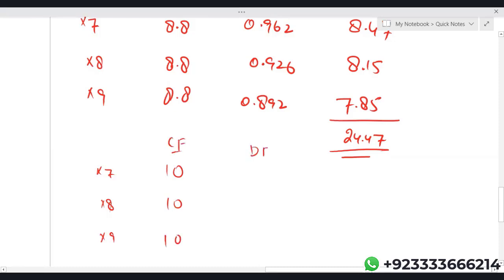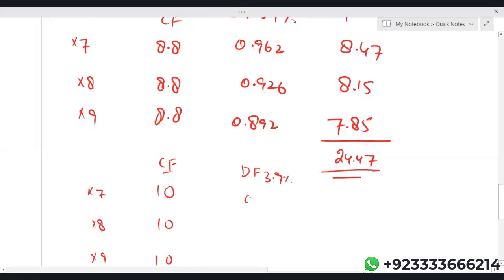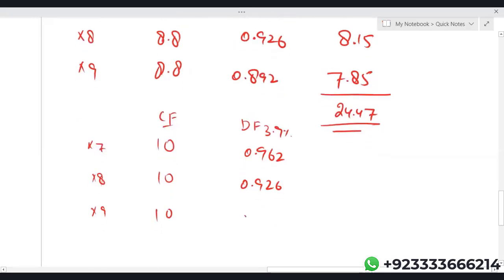Cash flows, discount factor will remain the same, which is 3.9%. 0.962, 0.926, 0.892. So 9.62 plus 9.26 plus 8.92 gives me 27.80.